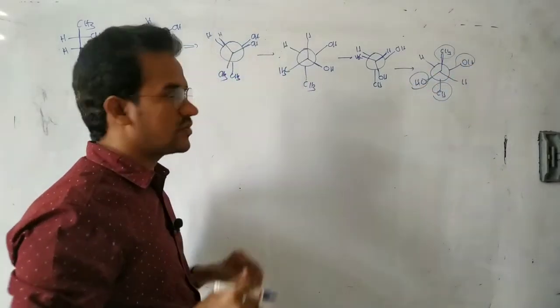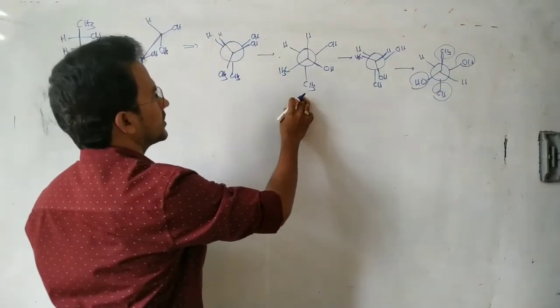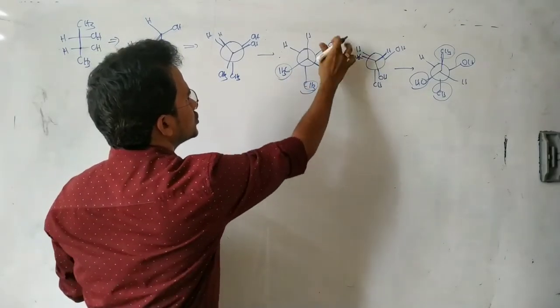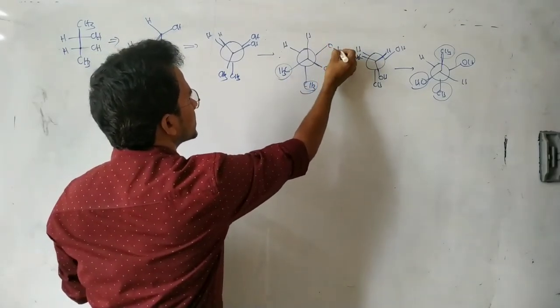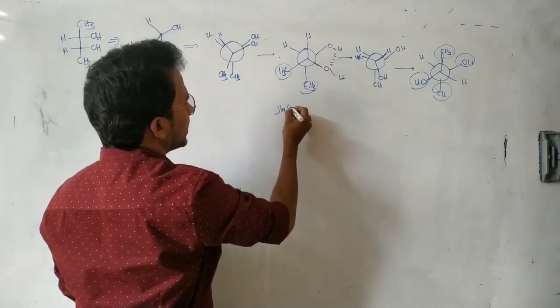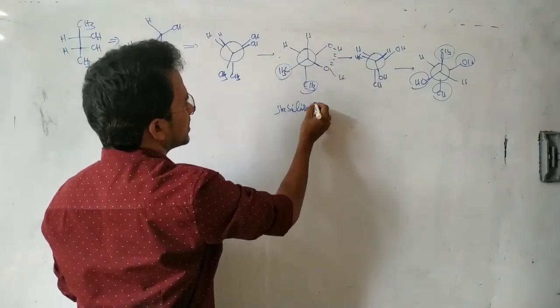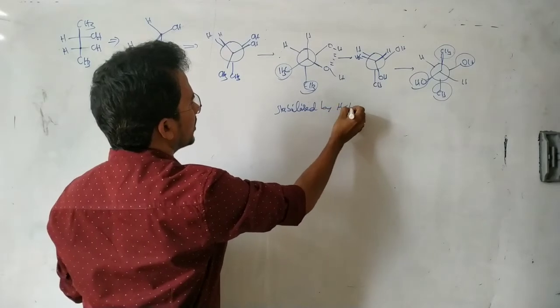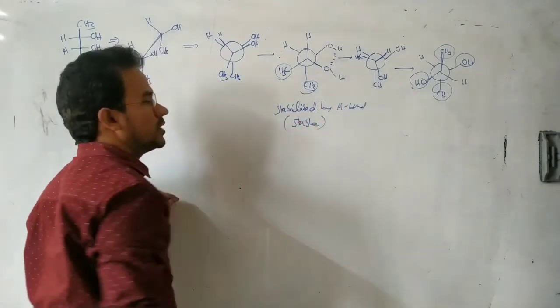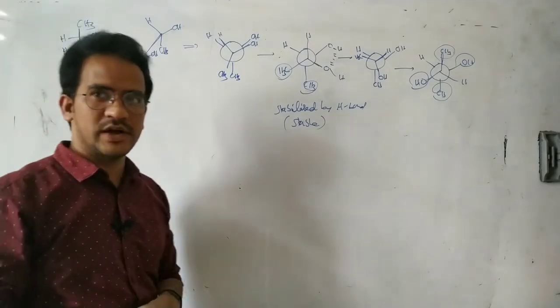But which is the stable form? This form is the stable one. Even though the methyls are adjacent, the OH groups are closer, so there is a hydrogen bond. It is stabilized by hydrogen bonding, so it is a stable conformation of meso 2,3-butanediol.